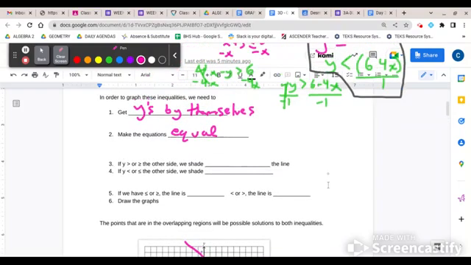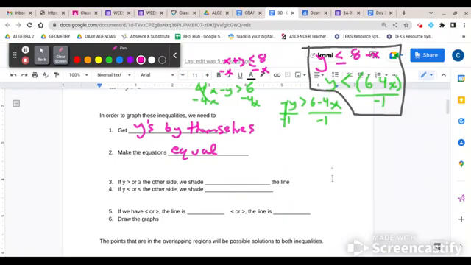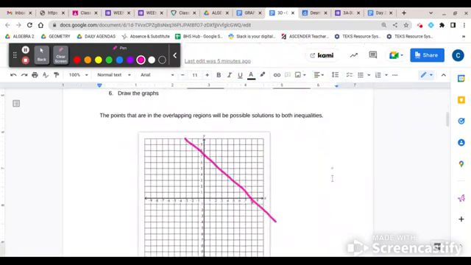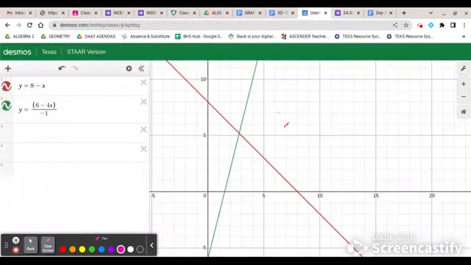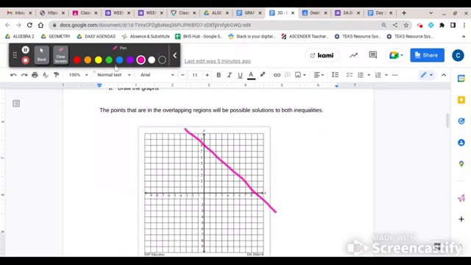And the other one we have y is less than 6 minus 4x over negative 1. So it's really 4x minus 6. I'm just trying to sketch these out. So that graph is going to look something like this.